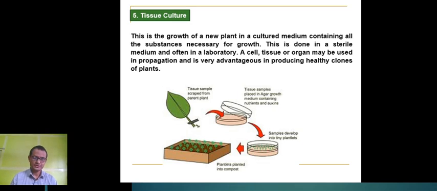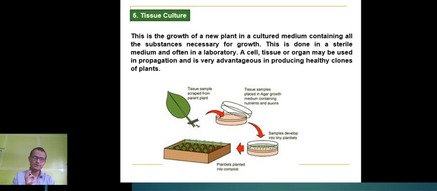Then tissue culture. This is one of the most modified types of asexual reproduction, where a single cell or a single part of a plant will give you a new plant. So what we do in case of tissue culture, we take simple tissues from the plant, maybe from the leaf, maybe from the stem portion, basically from the leaf, and put them in a media in laboratory conditions. Media is what?